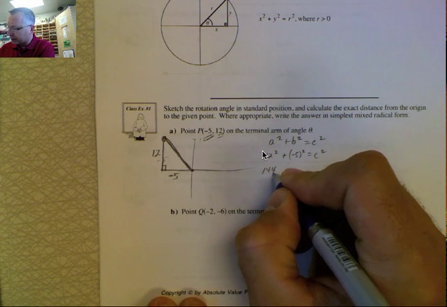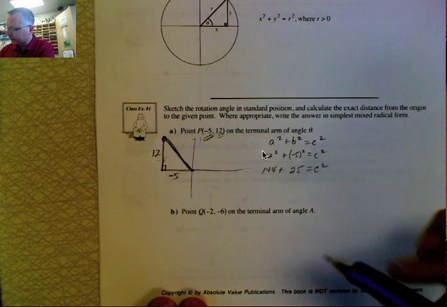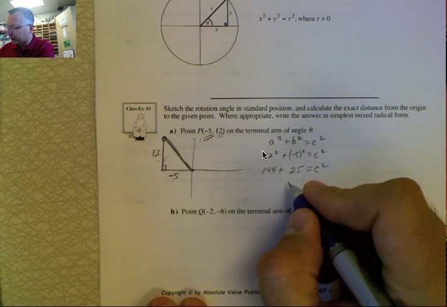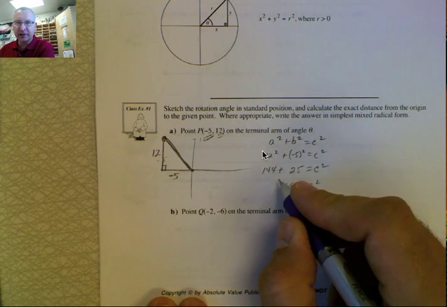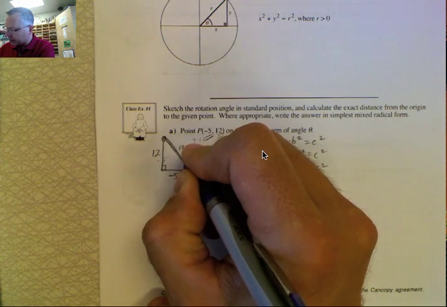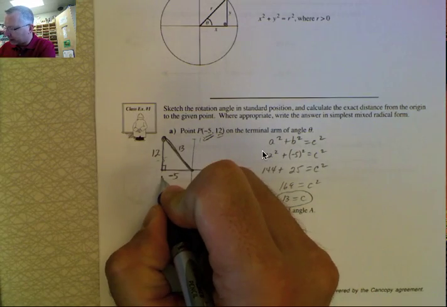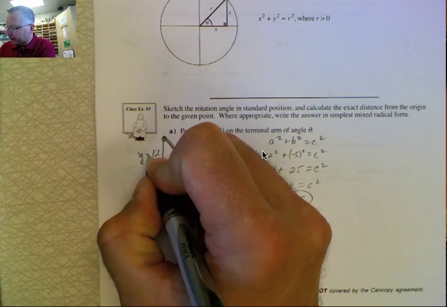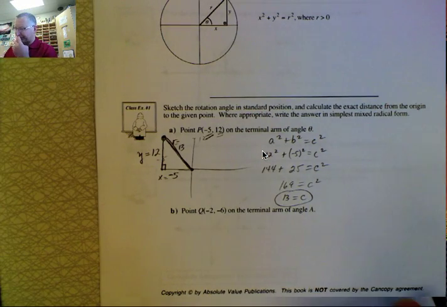That gives us 144 plus 25 equals c squared. 144 plus 25 is 169. And to find c, we take the square root of 169, which gives us 13. So this hypotenuse is 13. So in this particular triangle, x is -5, y is 12, and r is 13.